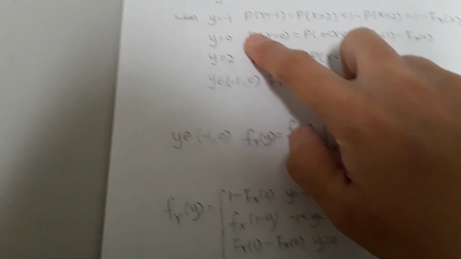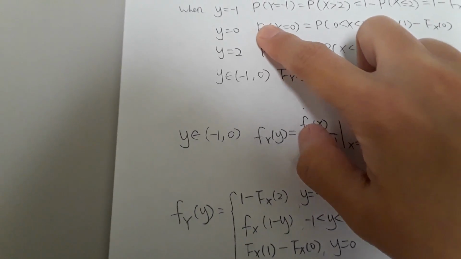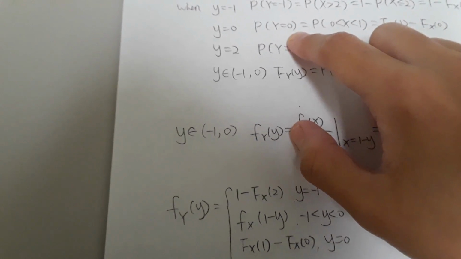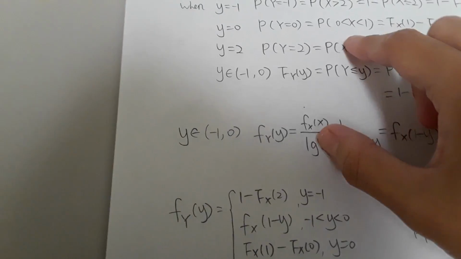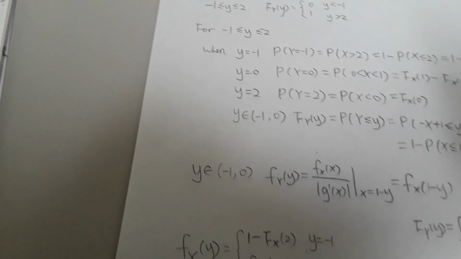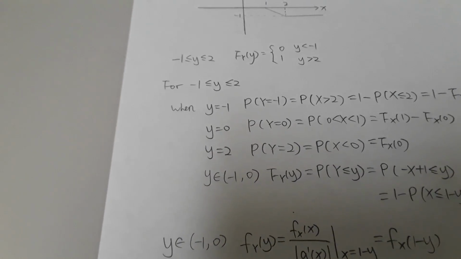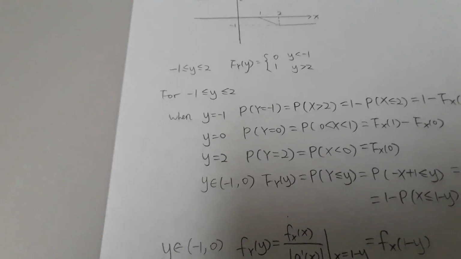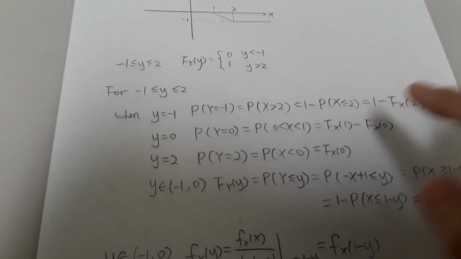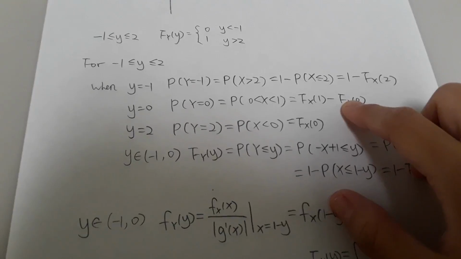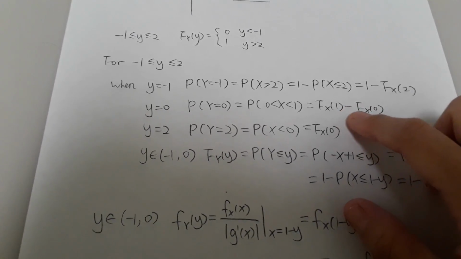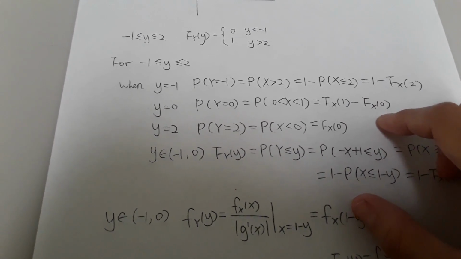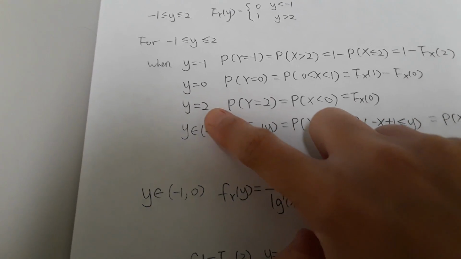When y equals 0, the probability that y equals 0 equals the probability that x is ranging from 0 to 1, which equals F_X(1) minus F_X(0).